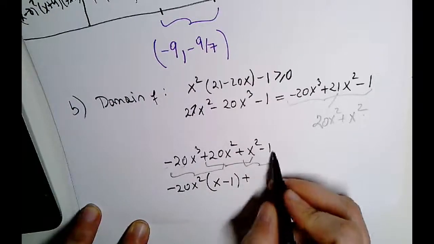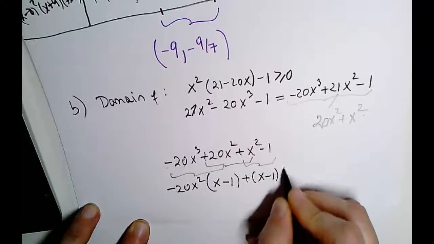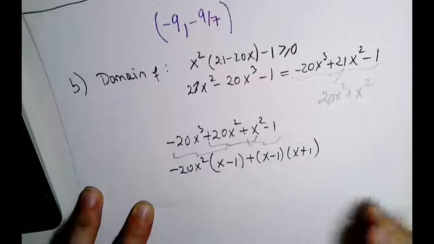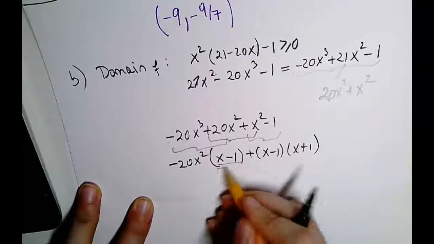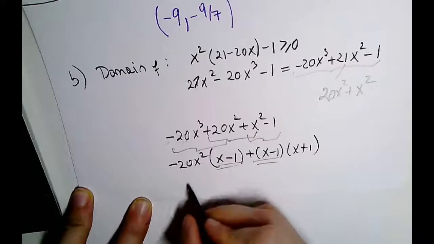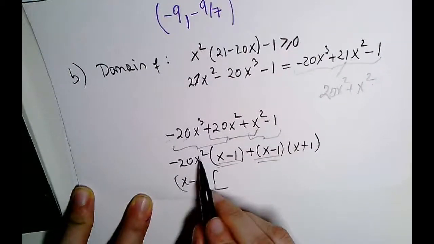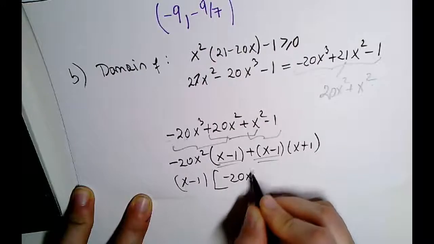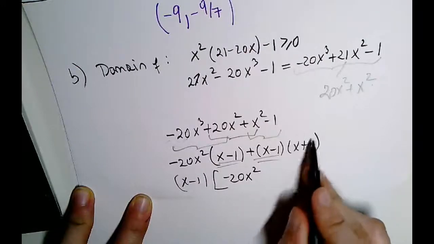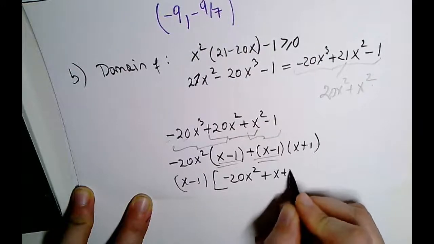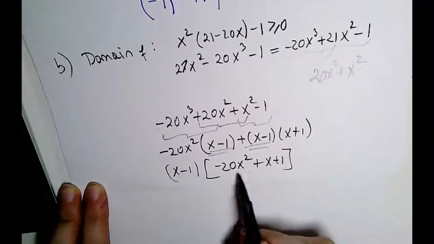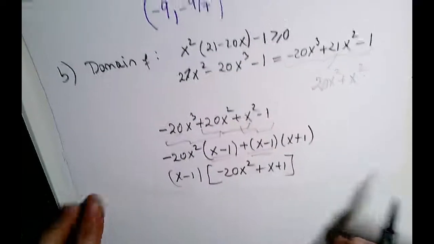And x squared minus 1 factors into x minus 1 times x plus 1. So now I can factor out x minus 1, and I'll have x minus 1 times negative 20x squared plus x plus 1. Now if I factor this quadratic, I will get my factored form.